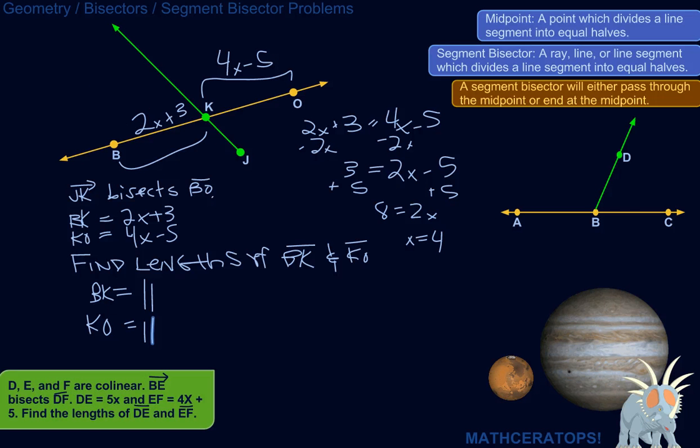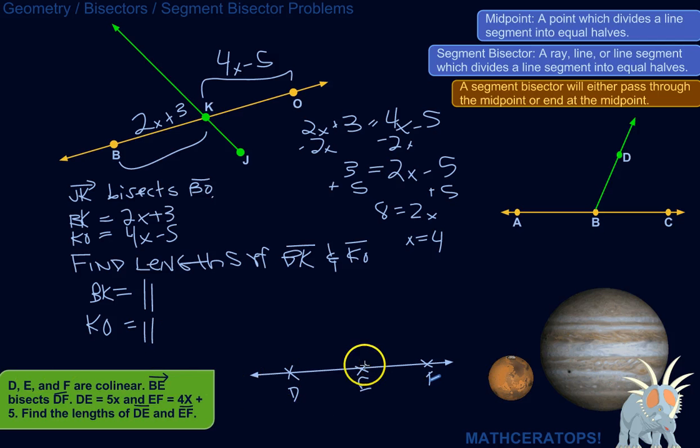Okay, so let's draw. So D, E, and F. Just from the statement that D, E, and F are collinear, I can't say that D is over here and E is over here and F is over here and that they're equally spaced apart.